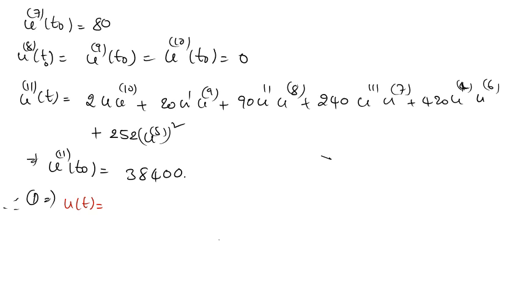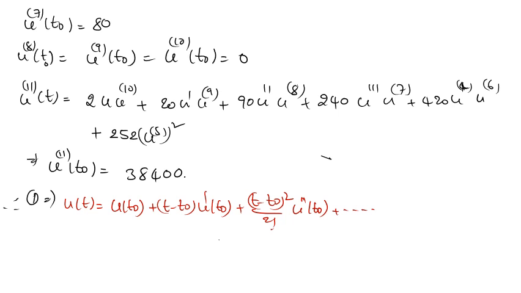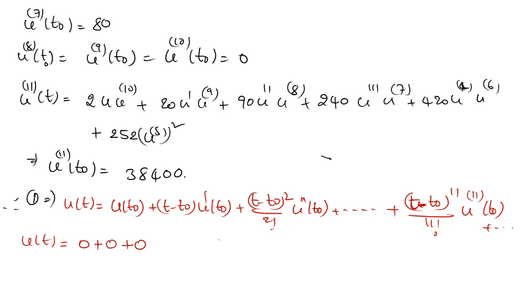u of t equals u of t naught plus (t minus t naught) u dash t naught plus (t minus t naught) whole square by factorial 2 u double dash t naught and so on. What is the last one? I am taking (t minus t naught) whole power 11 by 11 factorial u 11th derivative at t naught and so on. So u of t is equal to the first term 0, u dash 0, u double dash 0, and coming to u triple dash, (t minus t naught) whole cube by factorial 3.